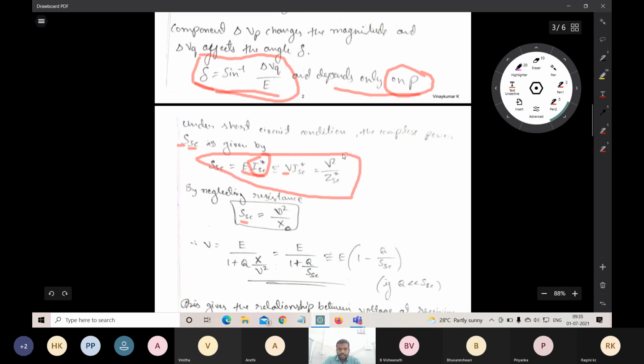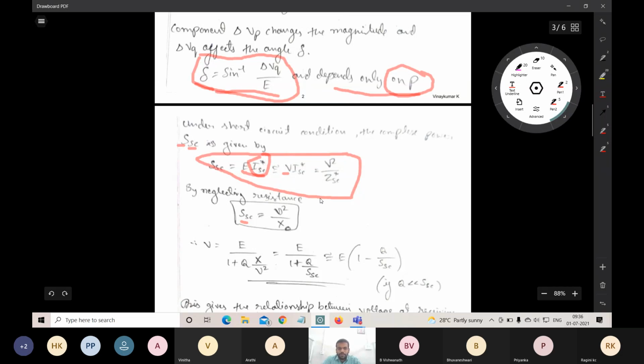Complex power is equal to voltage into current, just like your Ohm's law: V square by R, I square into R, or I square into Z, or V square by Z. This is the Ohm's law for calculation of power, the relationship between voltage and current. I hope people know this concept.